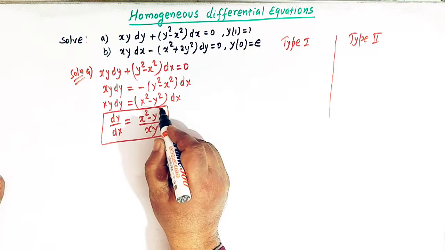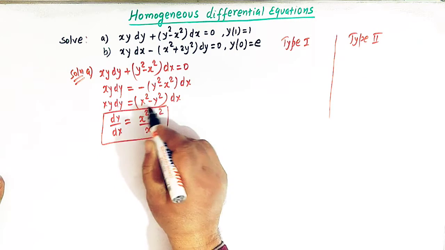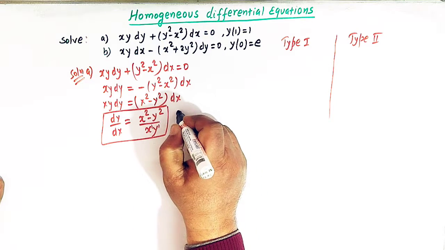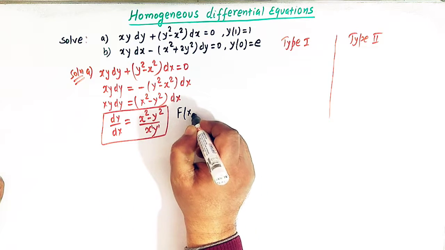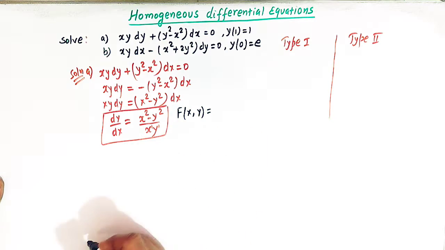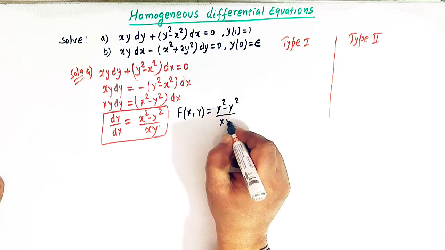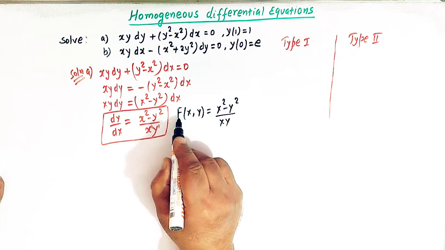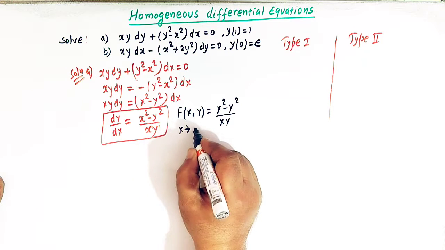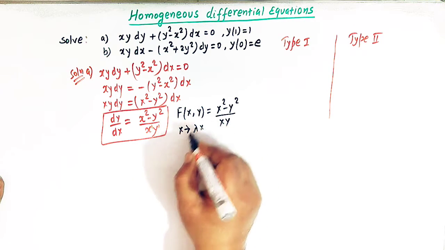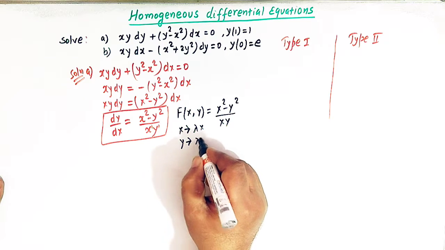So here let us take this right hand expression as some function, say f of x, y, right? So this is (x square minus y square) over xy, and let us replace x by lambda x and y by lambda y.